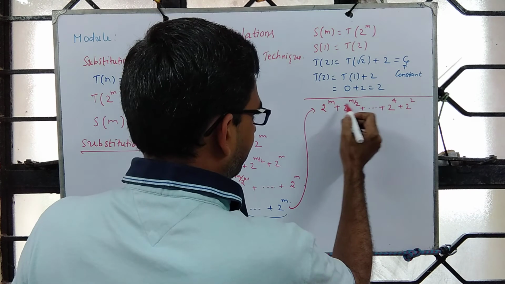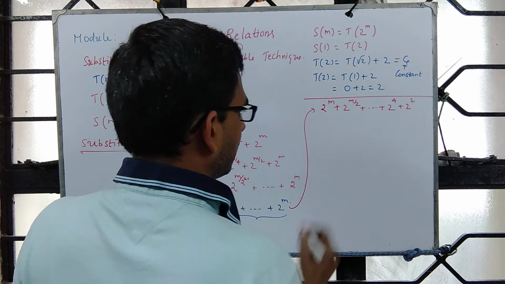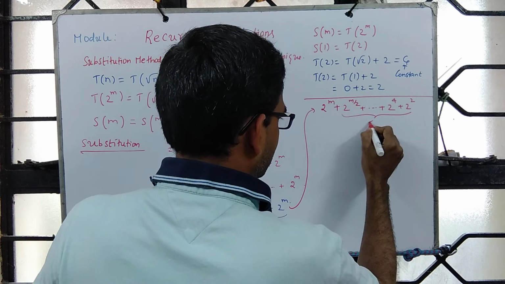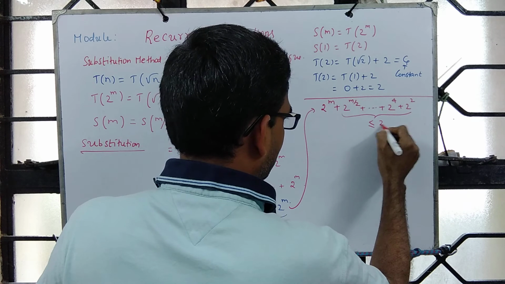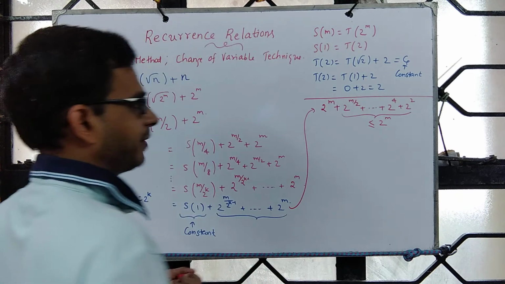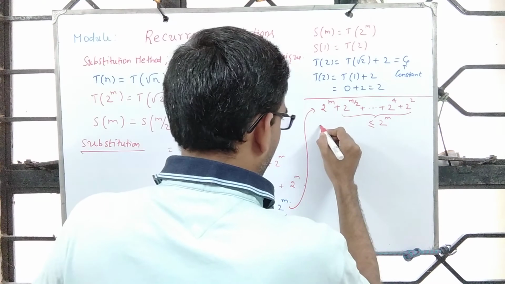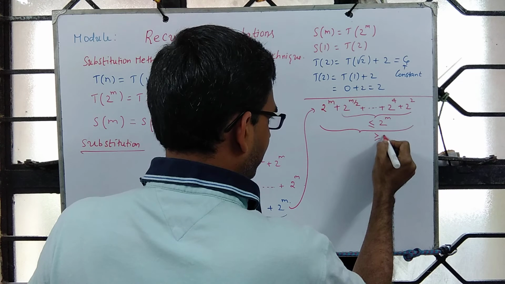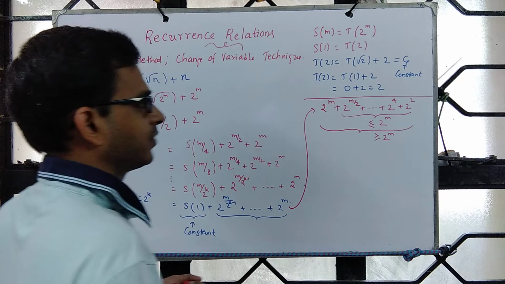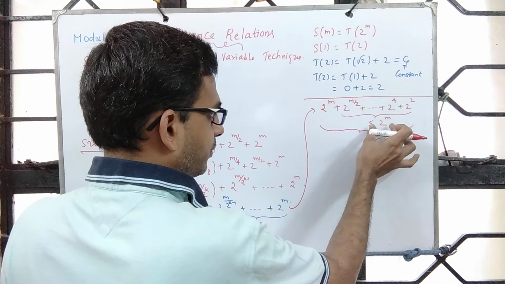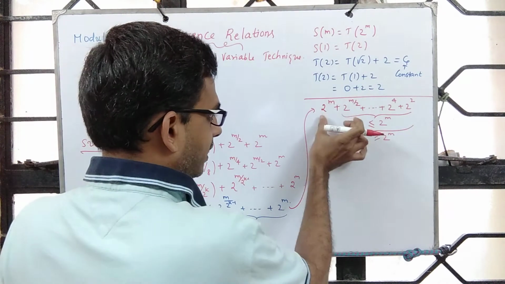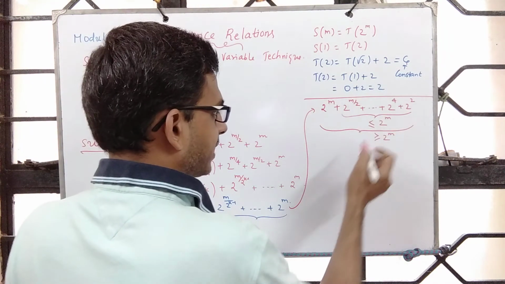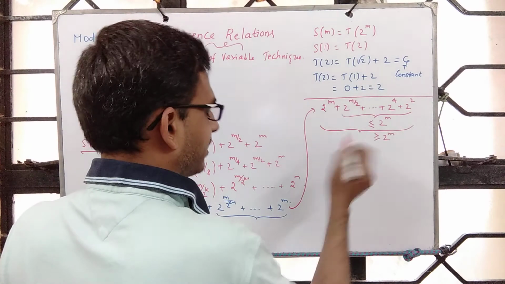You can see that it is m by 2 and so on, but this value is upper bounded by 2^m, and the entire expression because of this is lower bounded by 2^m. So this part alone is upper bounded by 2^m, and the entire part is lower bounded by 2^m with appropriate constants. You can say 2 times 2^m and all that.